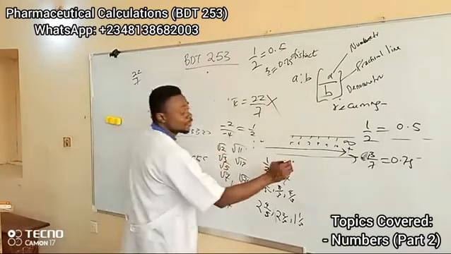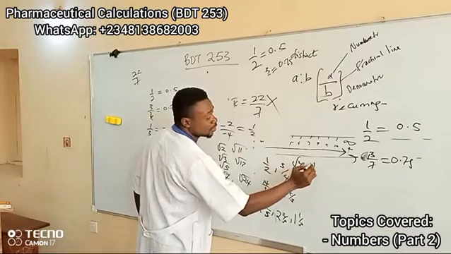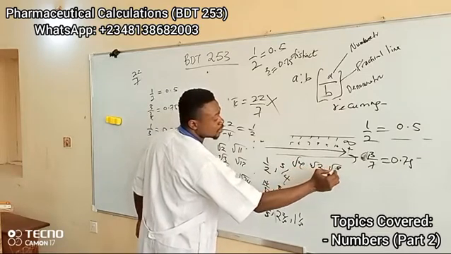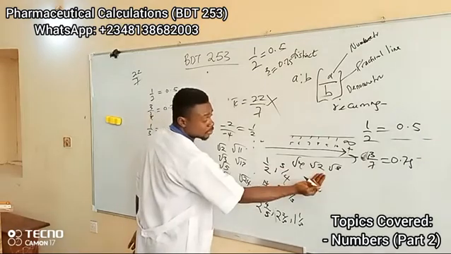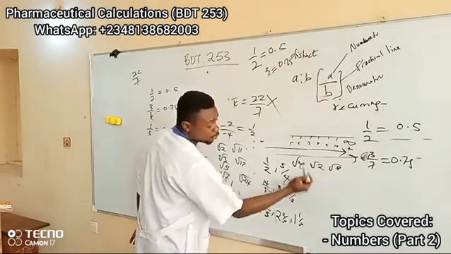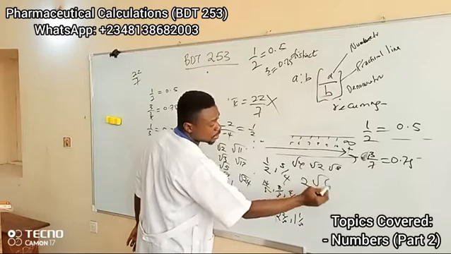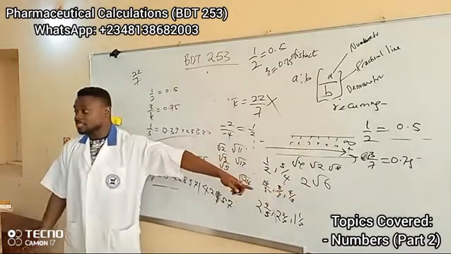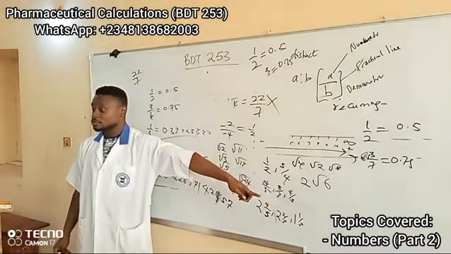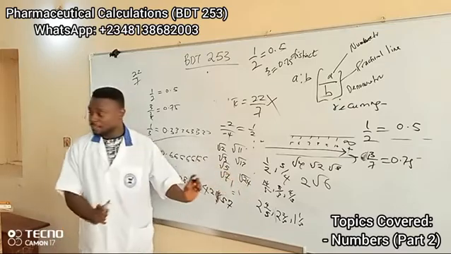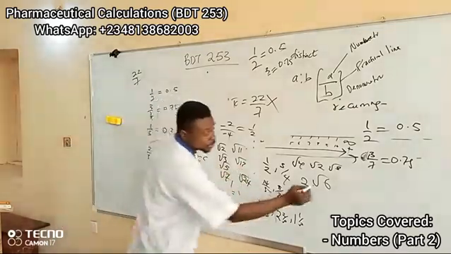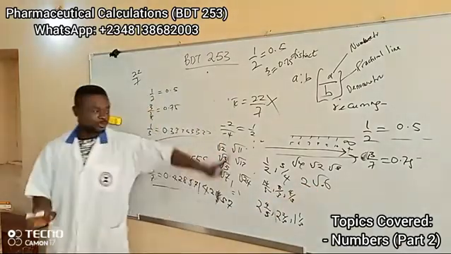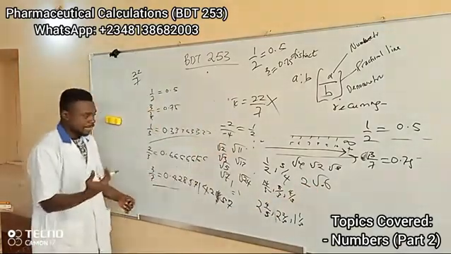So you can have root 4, root 2, root 3. 4 times 2 times 3. This will give you 2 root 6. This is the basic surd here now. True or not? So be careful before you conclude. The surd here now that is irrational is root 6.